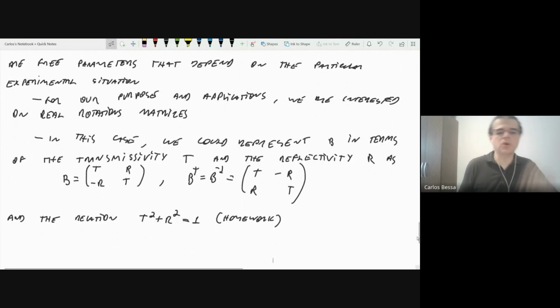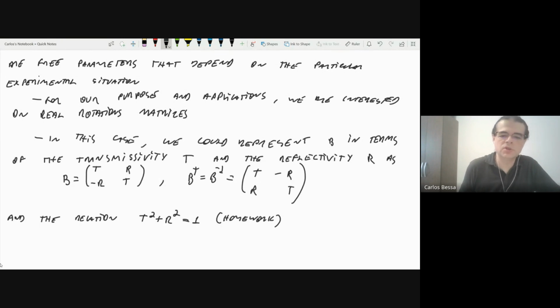And this accounts, because I have the total field, this means that we didn't lose any information. The reflective and transmittive index are equal to 1. So this accounts for energy conservation.